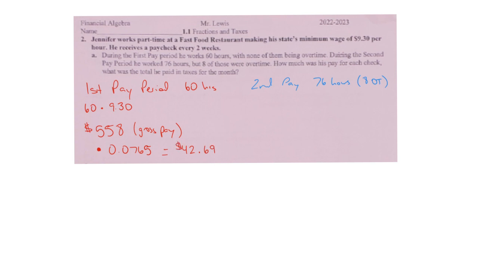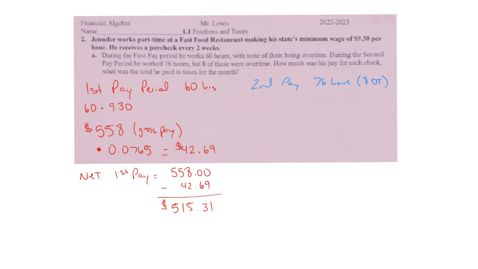So net first pay is going to be 558 minus $42.69. So I'm going to get $515.31. This is net first pay.